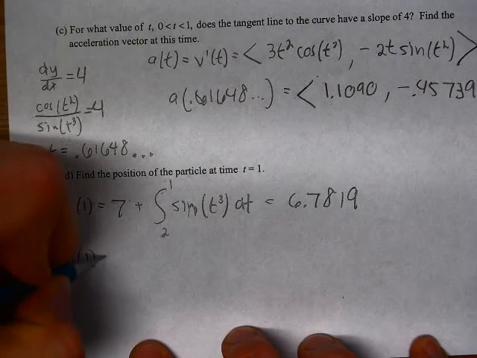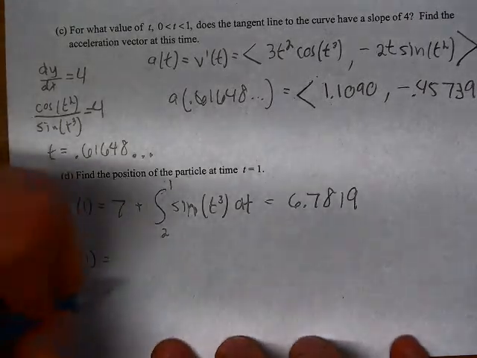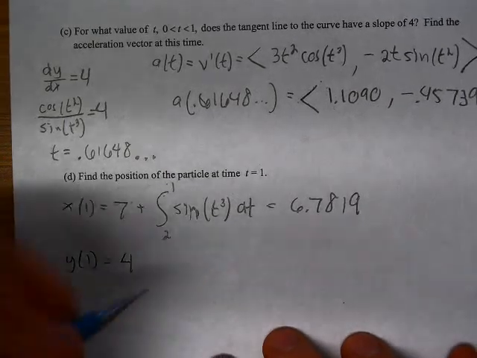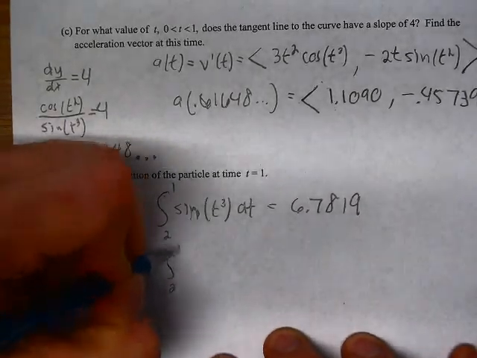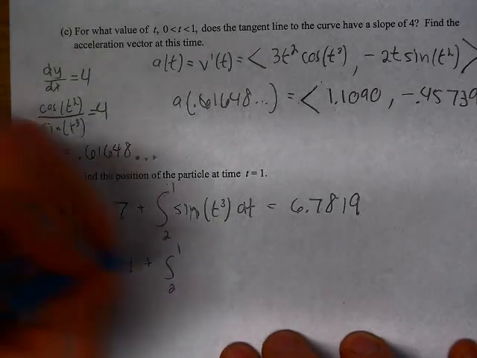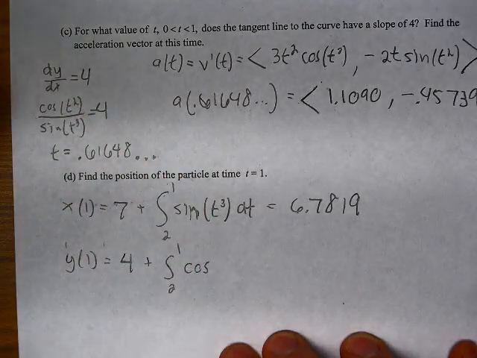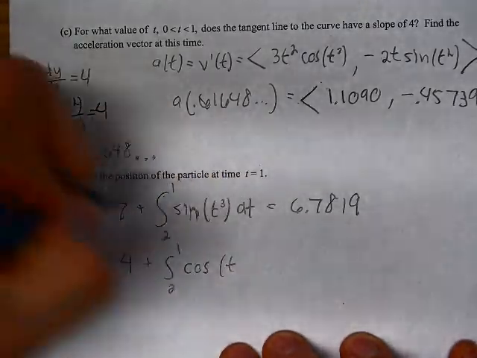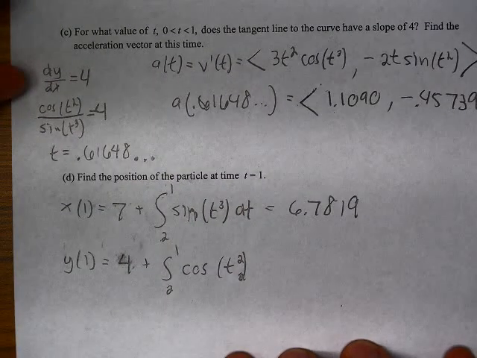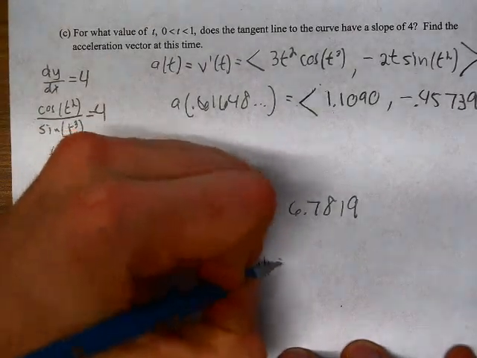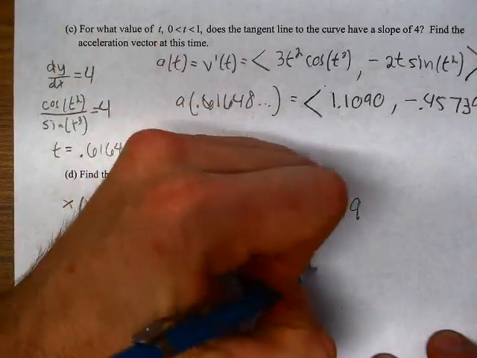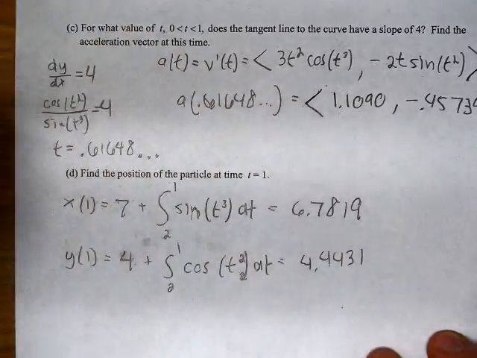And y of 1 is equal to y of 2, which was 4. We were located at y equals 4 when t equaled 2, plus the change from 2 to 1 of the velocity in the y direction, cosine of t squared dt, and again we put that in the calculator, we get 4.4431.